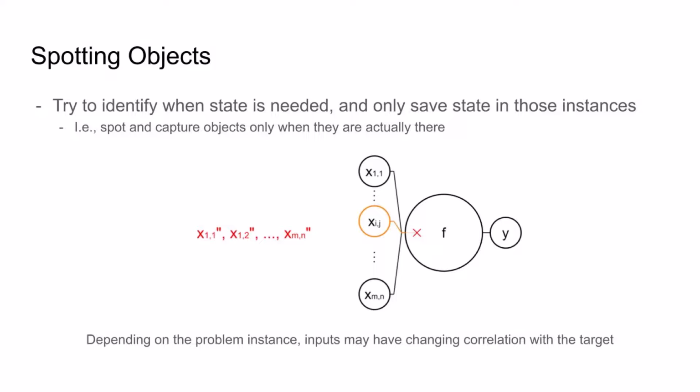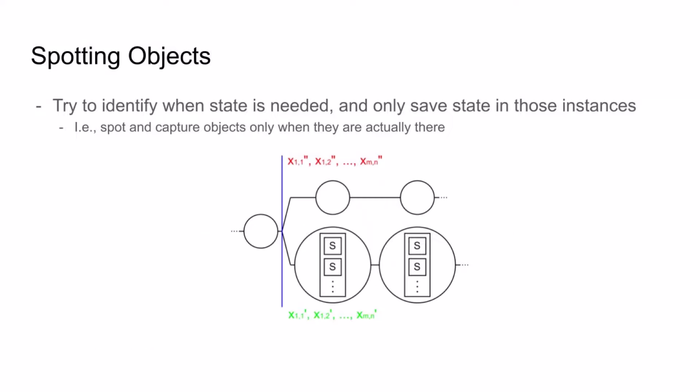So what we're going to do is to save instances that have high correlation versus instances that don't separately, and try to learn a new relation that distinguishes between them, similar to the process for checkpointing and creating solutions. If a relation can be successfully learned, then that enables us to treat different instances of a problem differently, where we can capture and process state in one branch while completely ignoring it in the other.